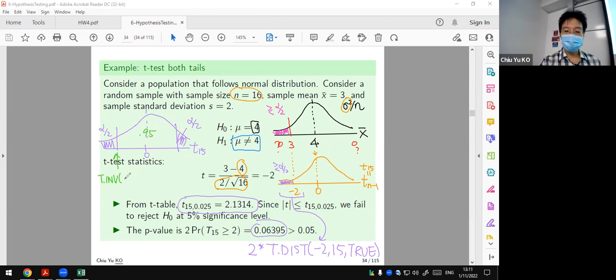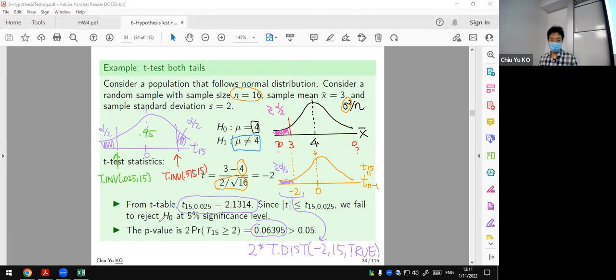Both sides will be 0.025, with 15 degrees of freedom. If you look at this guy, it will be t inverse 0.975, 15.